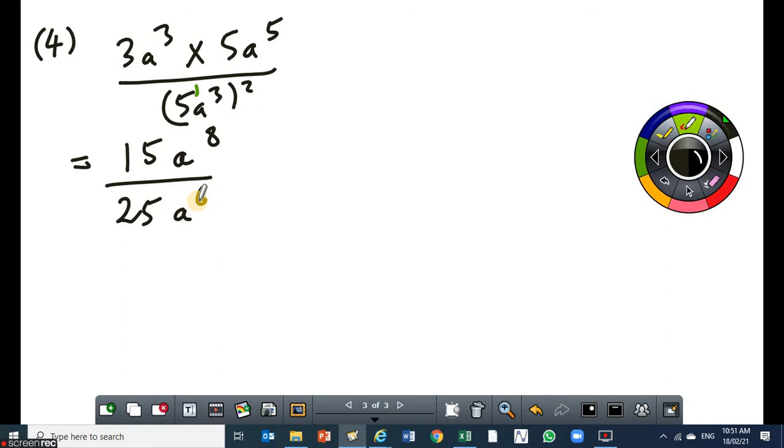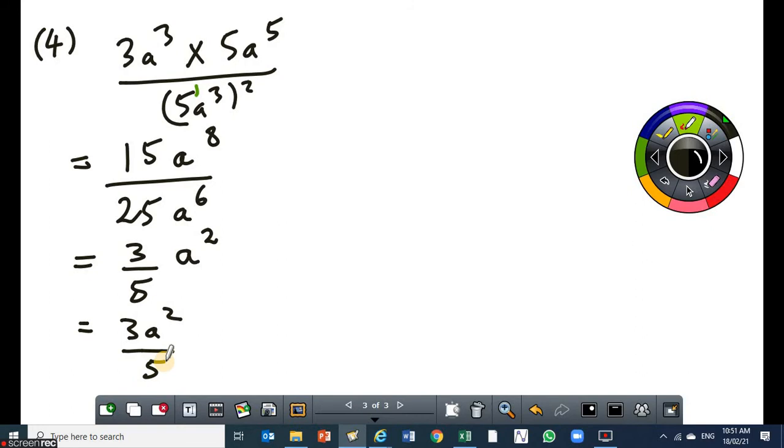Now, let's simplify the integers. 15 over 25 is equal to what? 3 over 5. So we can write 3 over 5. Since the base here is the same, that is a and a, but the exponents are different, I can say a to the power of 8 minus 6 will give me what? A 2. Now, I can write the answer like this, or I can write it as 3a squared all over 5.